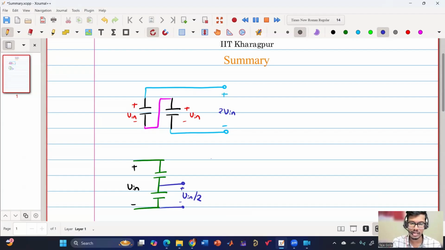So here we get discrete values rather than changing the duty ratio. But the overall objective is this: if you want to increase voltage, you charge the capacitors in parallel and connect them in series. If you want a fraction of that, you charge them in series and then connect them in parallel.